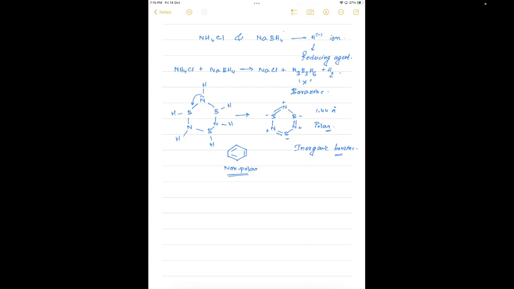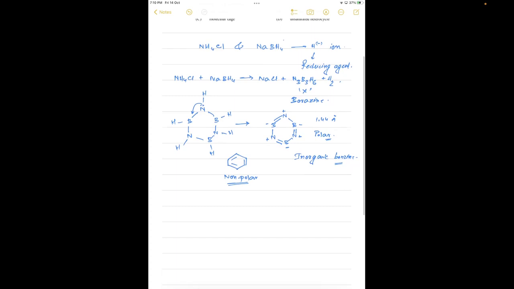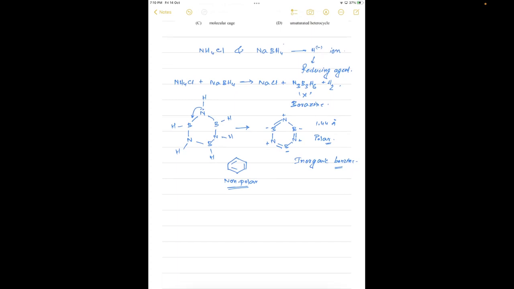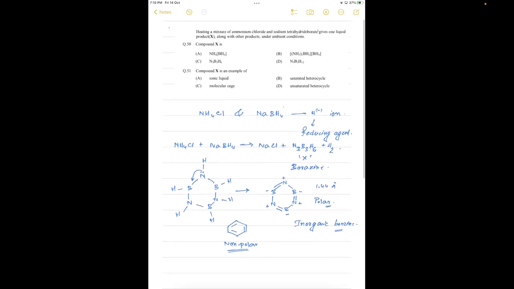So these are some important properties of borazine. Borazine also has a 6-membered ring and 6 pi electrons, so it is quite aromatic in nature. Okay, so these are some extra information.